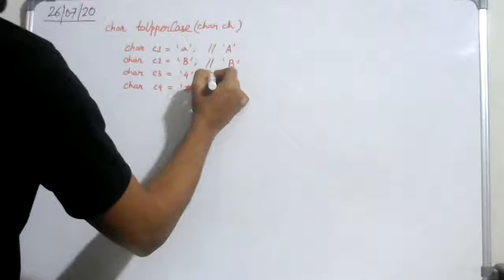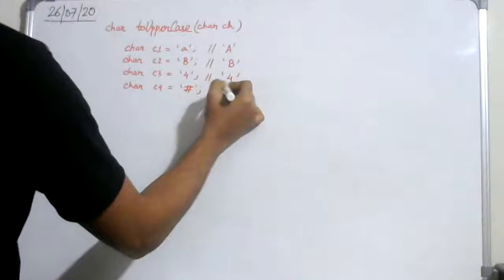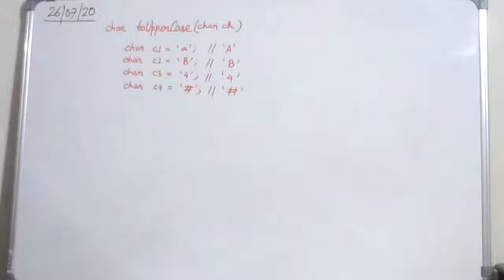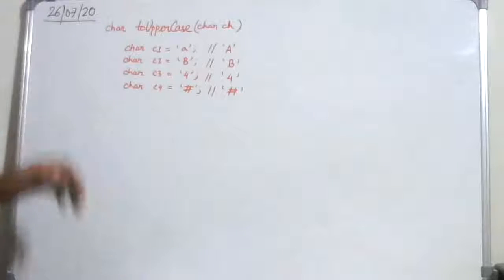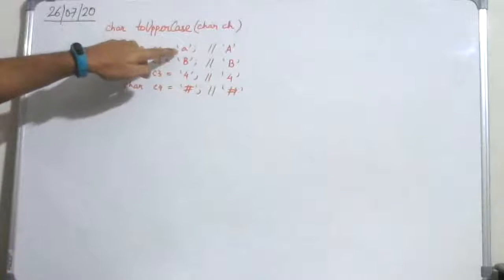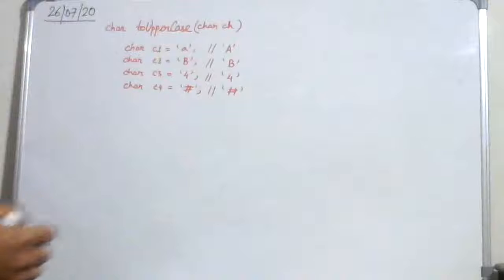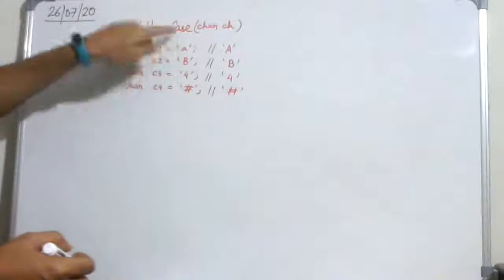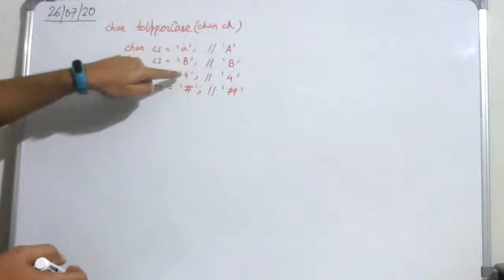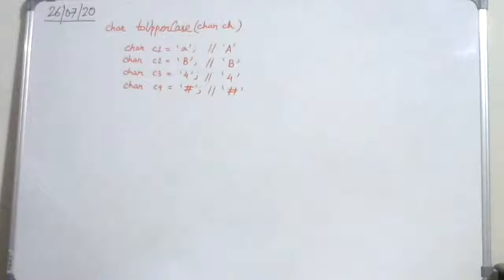This particular value is not a letter, so it will be returned as it is, and this is also not a letter, so that will also be returned as it is. Okay, so these are the outputs. When the toUpperCase function encounters a lowercase letter, it converts it to uppercase and returns it. If it encounters anything other than lowercase letters, maybe uppercase letters or numbers or symbols, it returns them as it is. So no changes happen there.